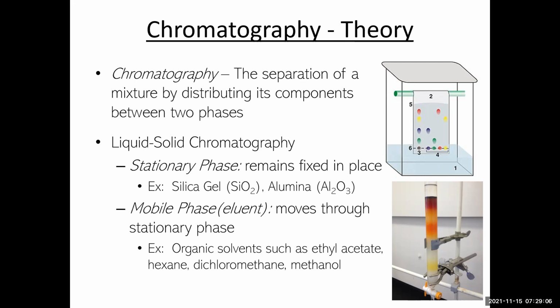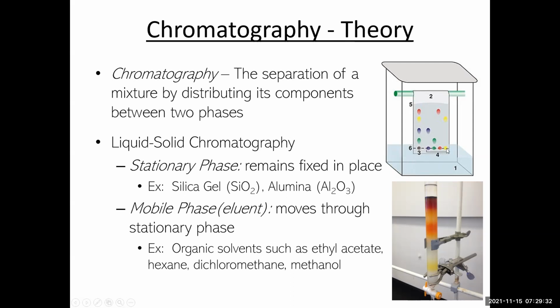So this is a picture here of a TLC plate. It's not realistic, but sort of a graphic visual of the process. In TLC, which stands for thin layer chromatography, we have a plate which has silica gel powder on one side of it.